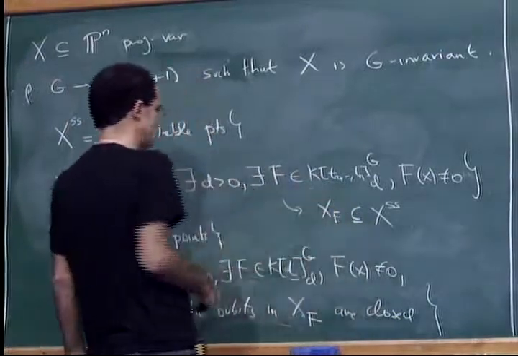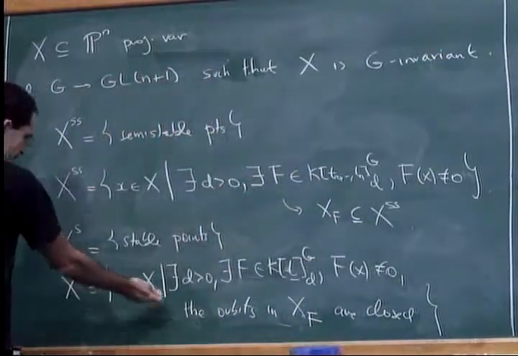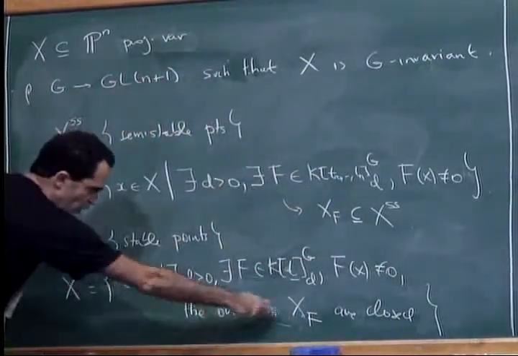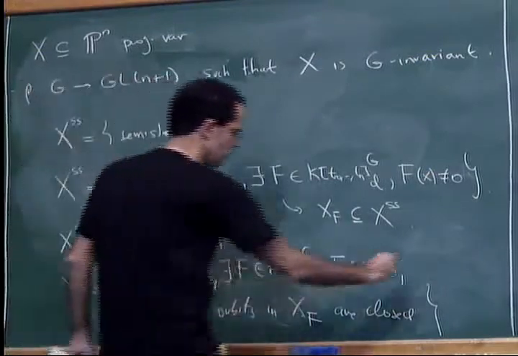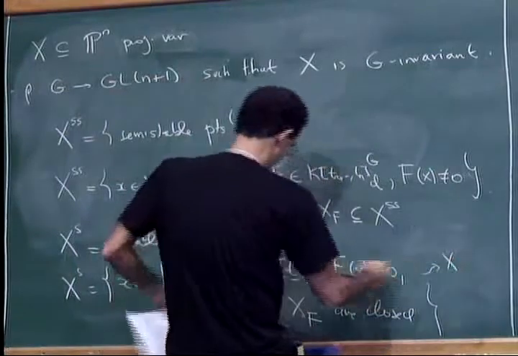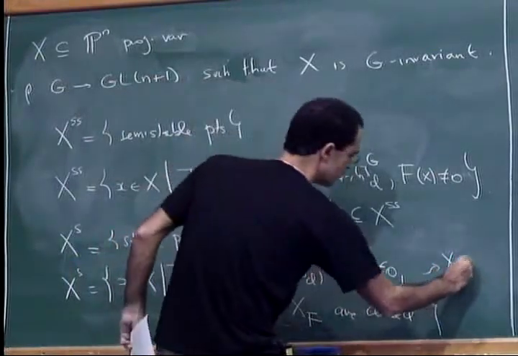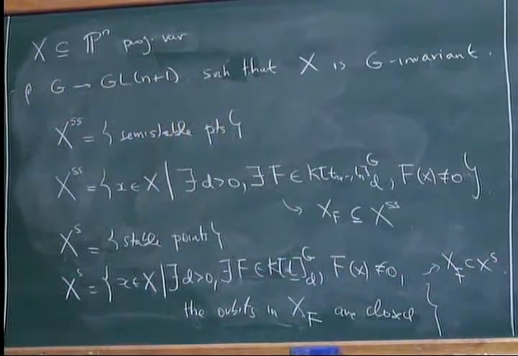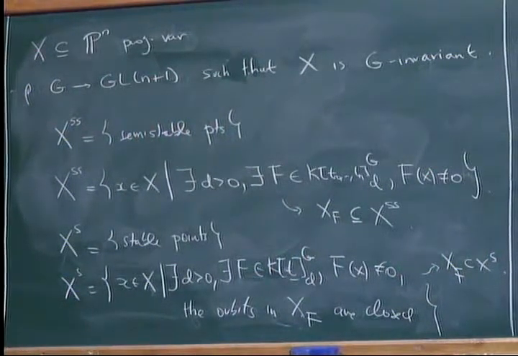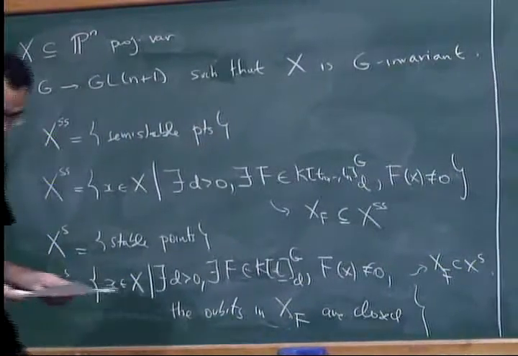All the points in X_f satisfy this condition. And here the same, because I'm asking that all the orbits, not just the orbit of the point, but all the orbits are closed. So in this situation here, if f satisfies this condition, then also the whole principal open subset is in X^s. Okay? So these are open. These conditions are all open.